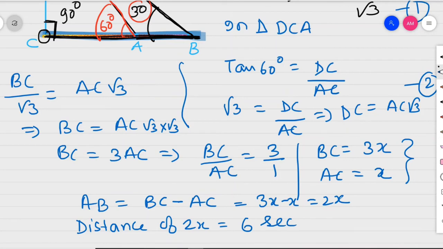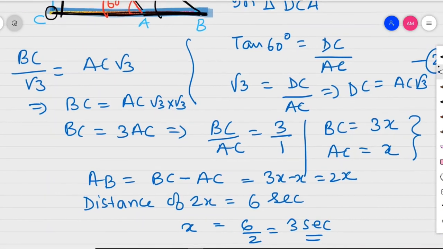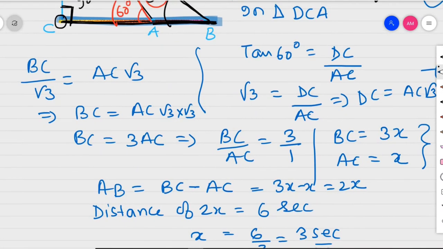Okay, so x distance will be traveled in how many seconds? X distance will be traveled in 6 by 2, that is equal to 3 seconds. In 3 seconds the car will travel x distance. Now what is your AC? How much is your AC? AC is equal to x, isn't it? From here you can see, children, AC is equal to x and BC is equal to 3x.